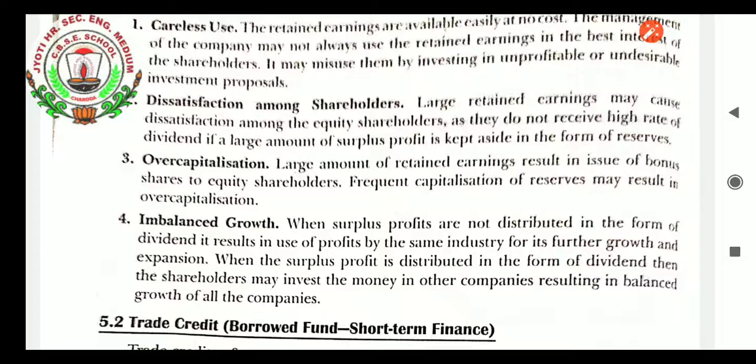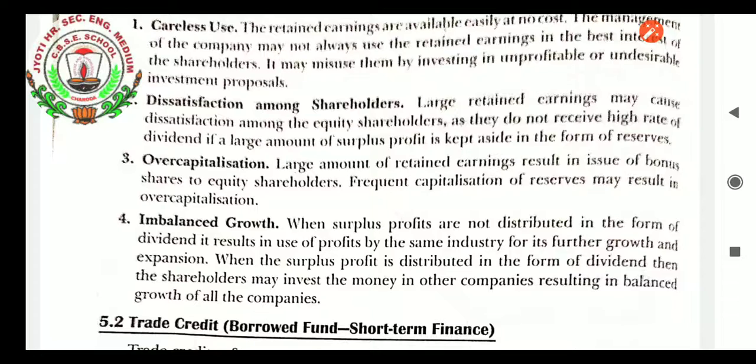As it is said, when surplus profits are not distributed in the form of dividend, it results in use of profit by the same industry for its further growth and expansion. If shareholders get this dividend, they can invest it in the same company as well as in other companies.